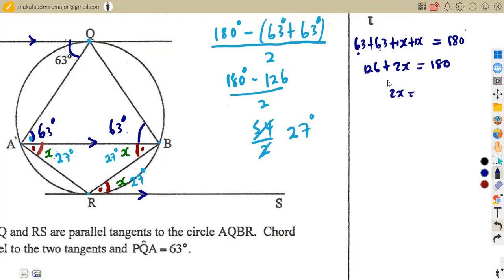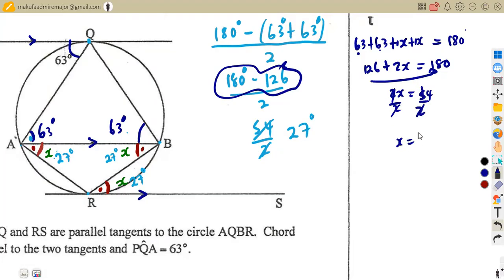Subtract 126 to the other side: 180 minus 126, we got 54 before. So we divide by 2, and the value of X is going to be 27. So this X is equal to 27.